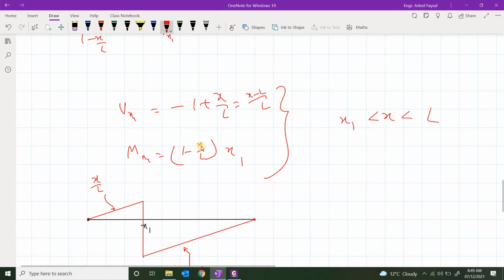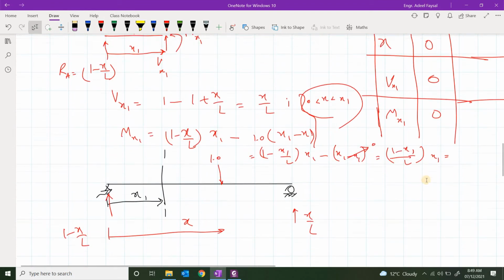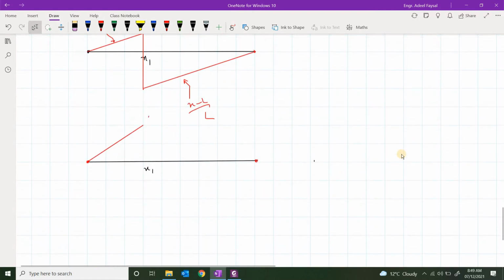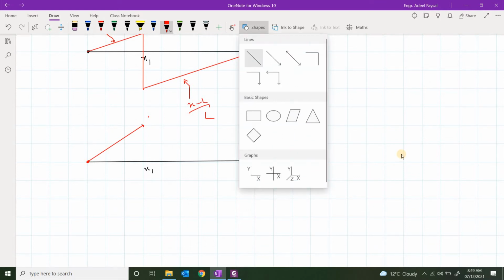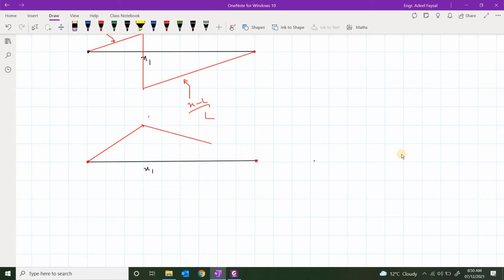What do you get? 1 minus x1 over L times x1, and this is the same answer you get from the previous equation. It means there is no jump in the ILD for bending moment. So this point coincides with the previous point, and you just join them by a straight line. Agree?